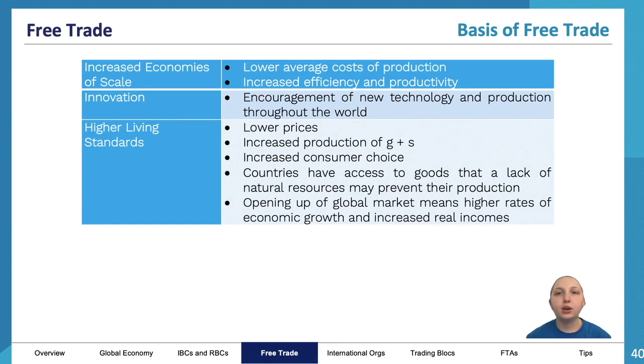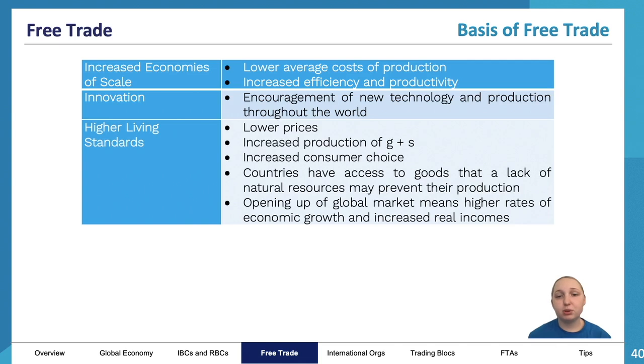An economy is really efficient at producing something, so they've got a lot of money, and then they buy some machinery that can produce that good even more efficiently. Because their good can be produced more efficiently, it costs less to produce every single good, leading to the economy of scale. Free trade also leads to innovation because it encourages new technology and production throughout the world.